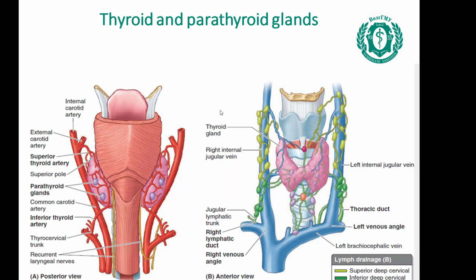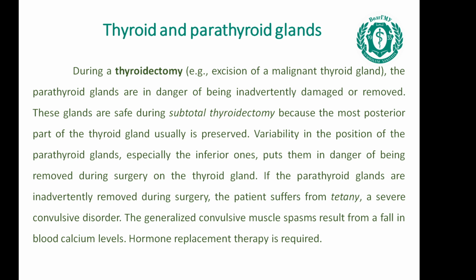Parathyroid glands. The relation of the thyroid and parathyroid glands. During a thyroidectomy, excision of the malignant thyroid gland, the parathyroid glands are in danger of being inadvertently damaged or removed.